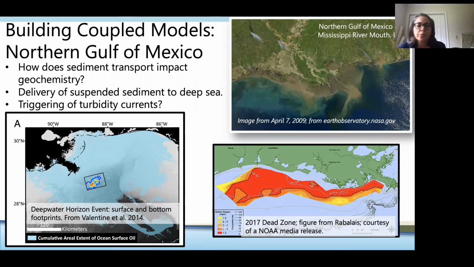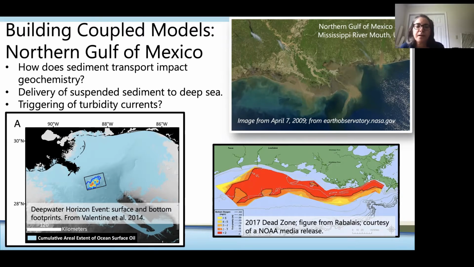And so I'm going to show, time permitting, examples of how we relate sediment transport to oxygen consumption. This bottom panel is showing a map of the 2017 dead zone, the extent of hypoxia or low oxygen concentrations.